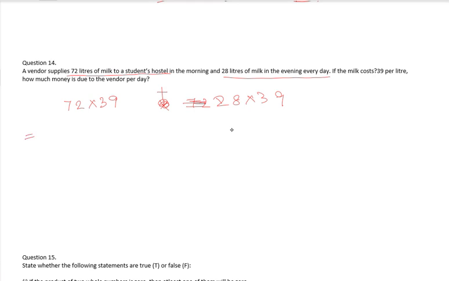So if you carefully see, 39 is repeated, so I can just simply write 39 and then 72 plus 28 using distributive property. So that's 39 into 100, which is rupees 3900.